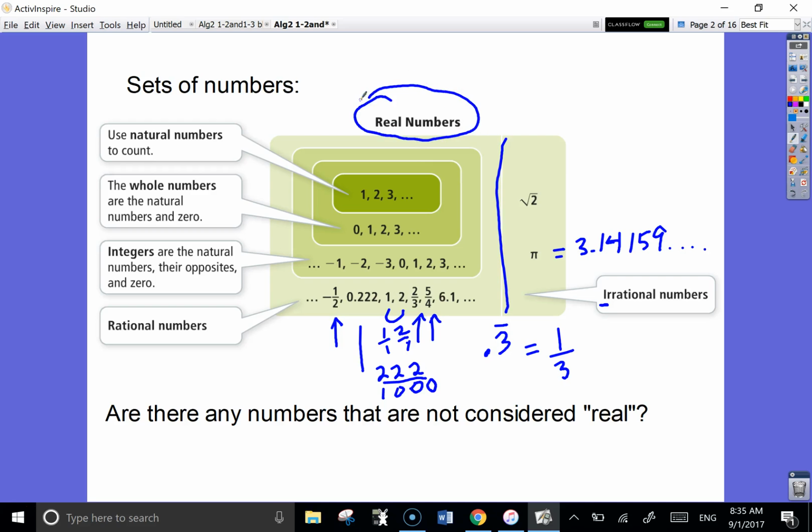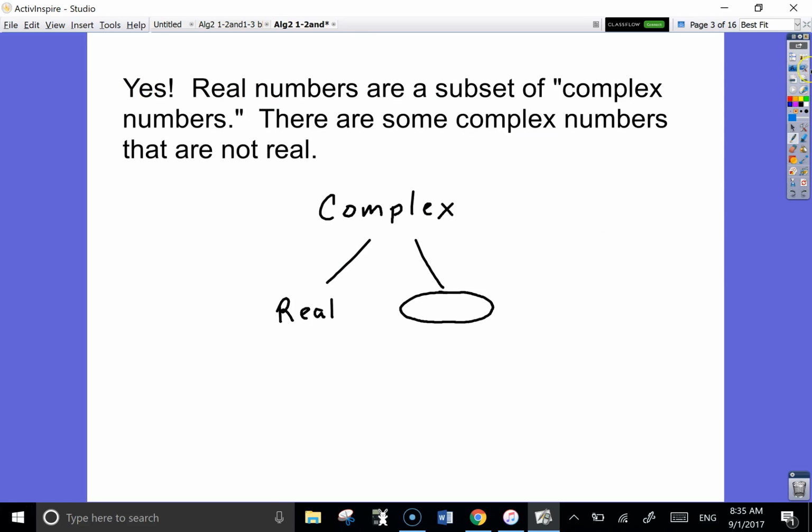Now, are there any numbers that are not considered to be real numbers? And the answer is yes. Right? Real numbers are actually a subset of what we call complex numbers. And there are some complex numbers that are not considered to be real numbers. And we actually deal with those in this class.